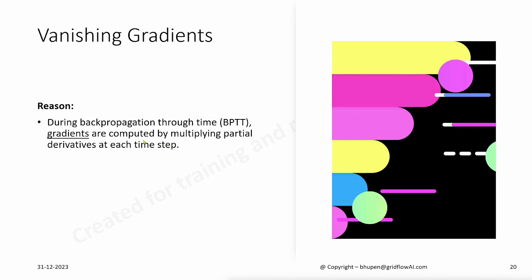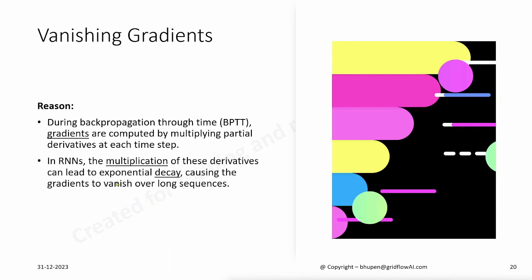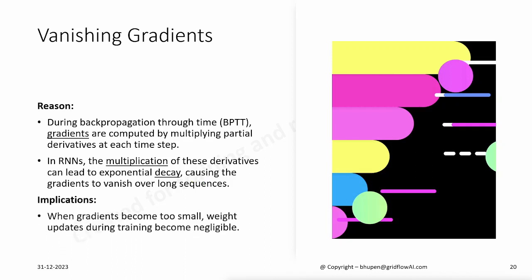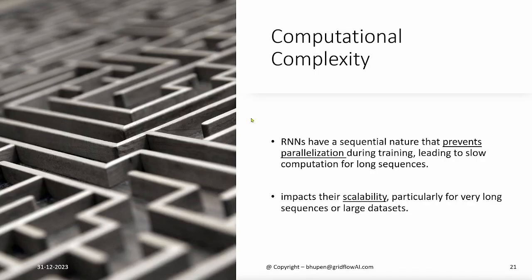Essentially, you're multiplying the weights over and over again, and when we multiply the weights over and over again, the chances are the weights can become negligibly small, and hence we call that vanishing gradient. And when we have vanishing gradient, that means the model has actually stopped learning. So these are serious challenges with sequence data.